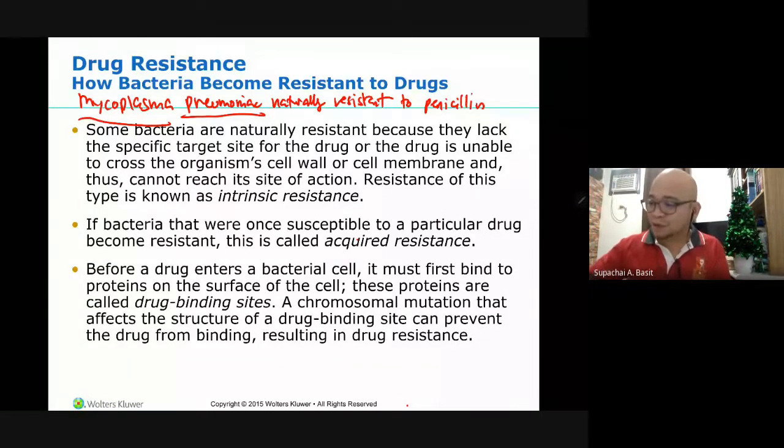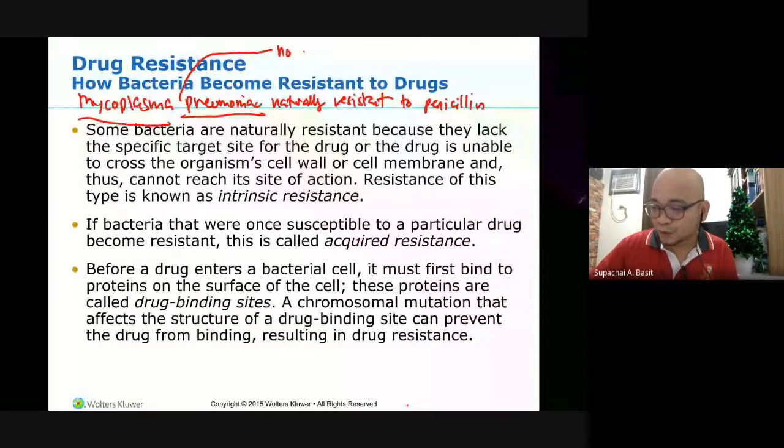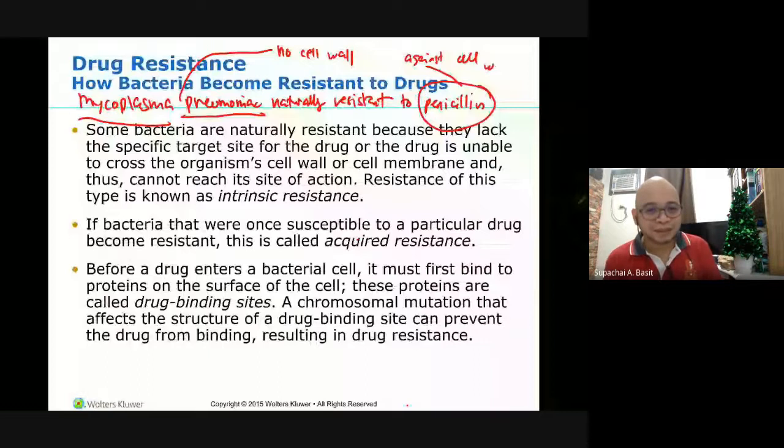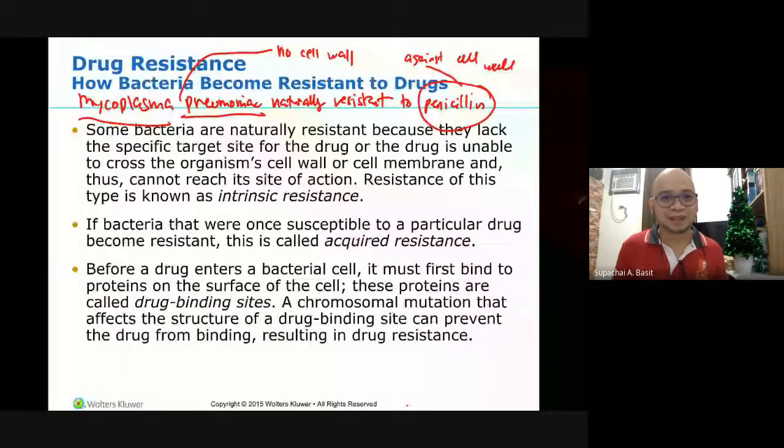Because Mycoplasma pneumoniae doesn't have a cell wall, and the action of penicillin is against the cell wall.